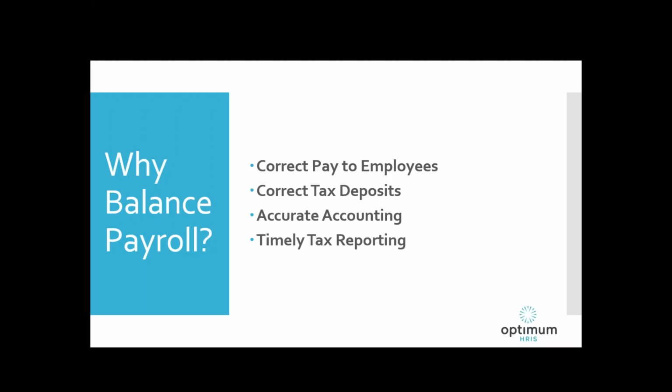So you have to be sure that your gross to net calculation is correct. And that starts with the worked hours times the pay rate. And then you have to be sure that you withhold and deposit the correct taxes and deduction amounts.